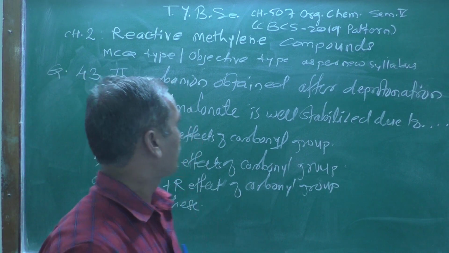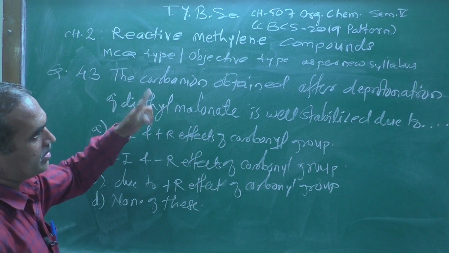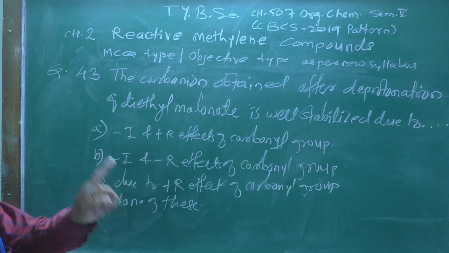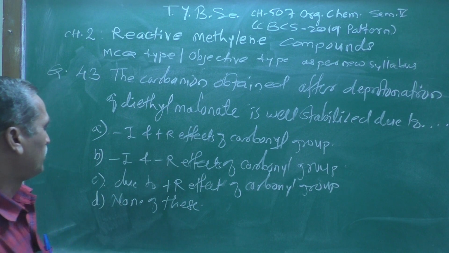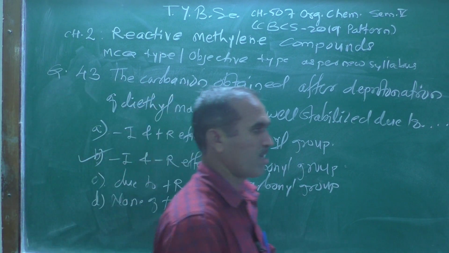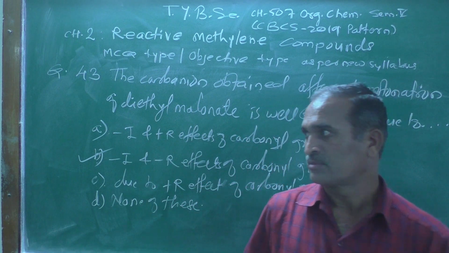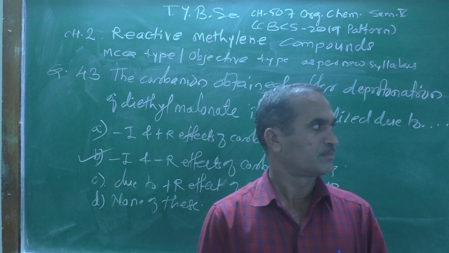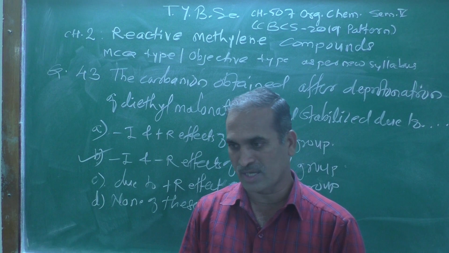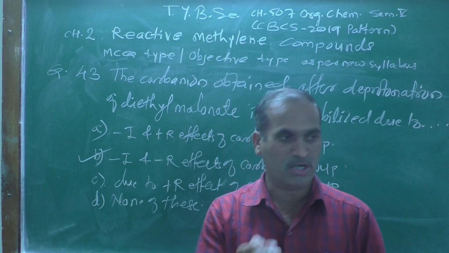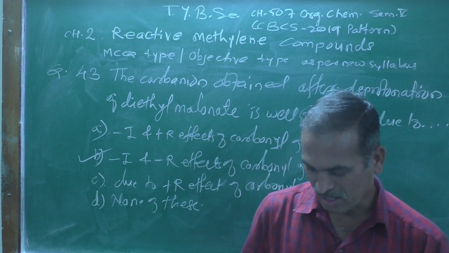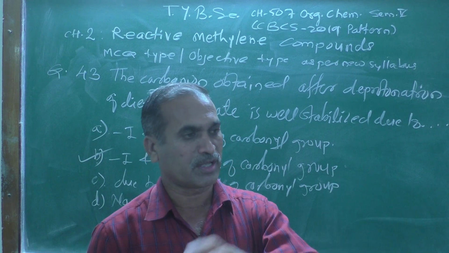See once again, the carbanion obtained after deprotonation of diethyl malonate is well stabilized due to minus I and minus R effect of carbonyl group. As we know, minus I and minus R effects are produced when electron withdrawing groups are present, and that electron withdrawing group can stabilize the carbanion.